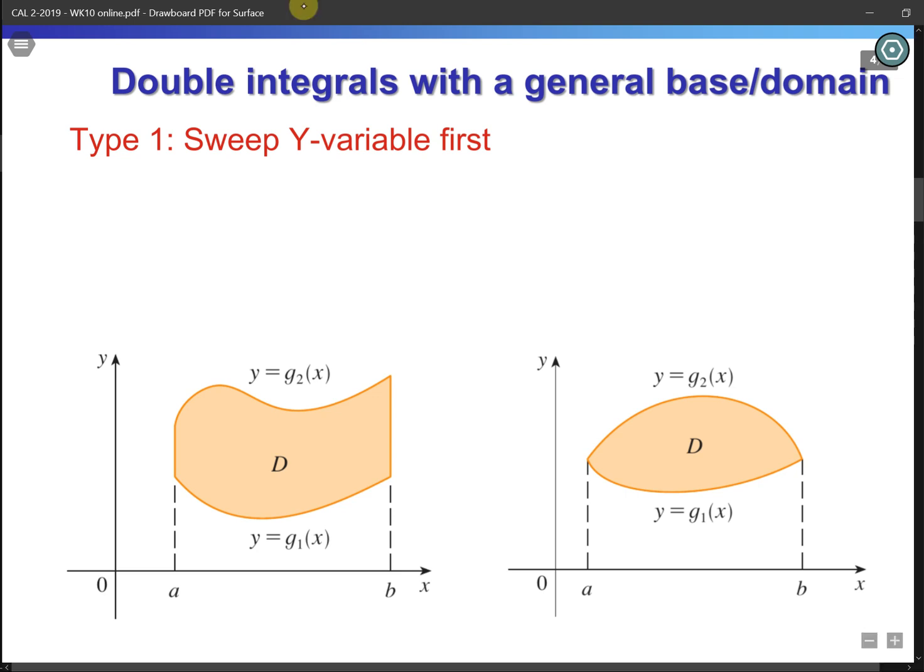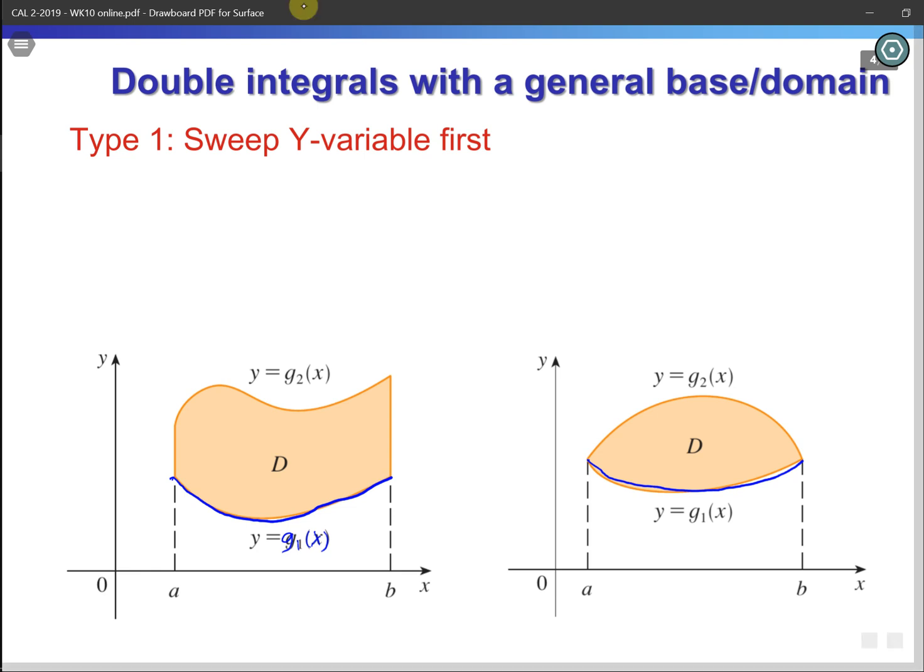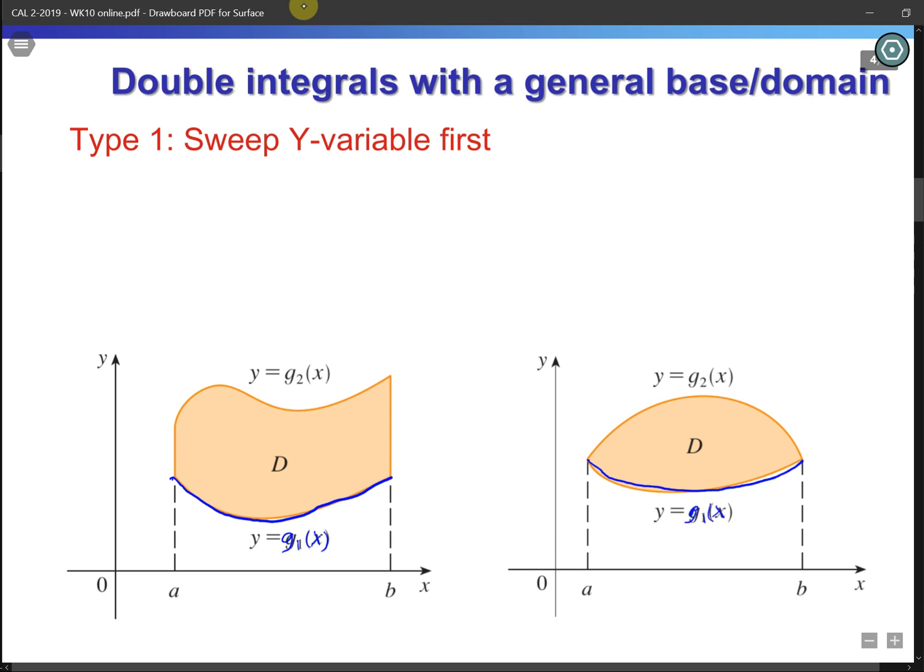They are bounded below by a curve I'm going to call the lower function, denoted by g1(x), and bounded above by another curve called g2(x).